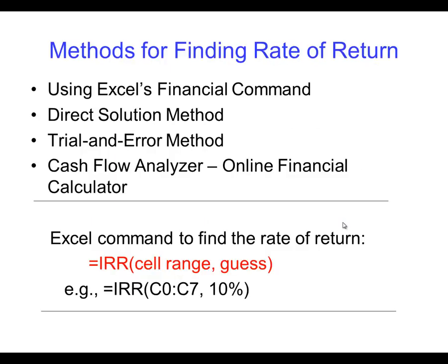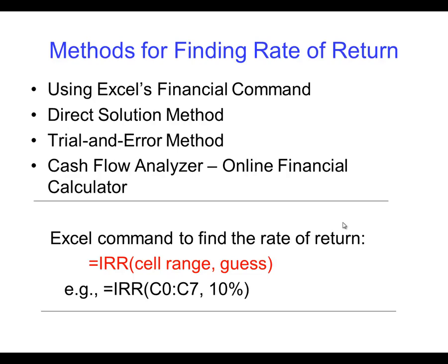The rate of return can be found using one of the following methods: using Excel financial commands, like we used before, which is the PV, present value, future value, and so on. We have also the direct mathematical solution methods using the formulas that we introduced in the previous chapters.